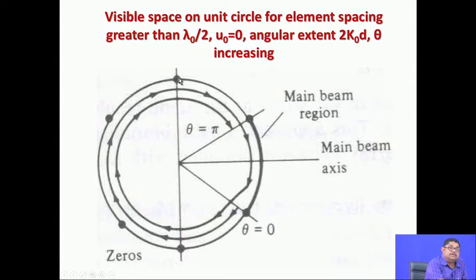Now, if I travel the circle more times, I have multiple zeros at places. Multiple zeros at a place means that the pattern becomes more and more flat near the zeros.